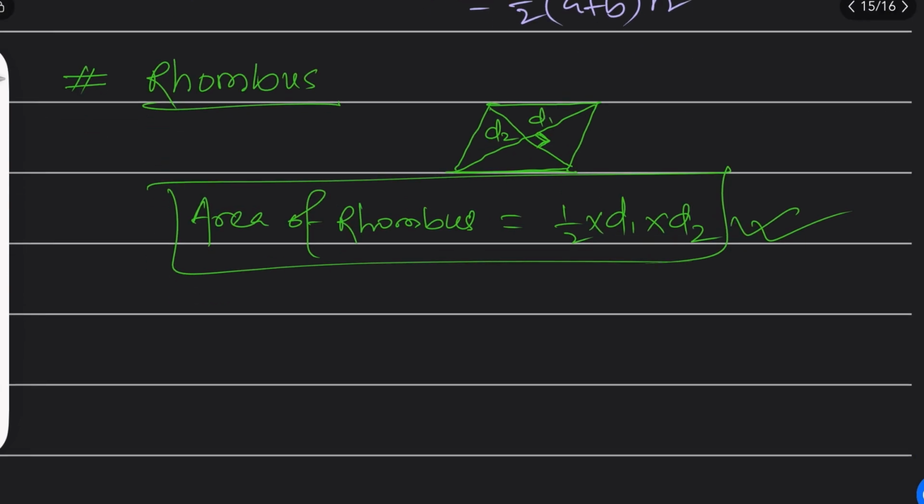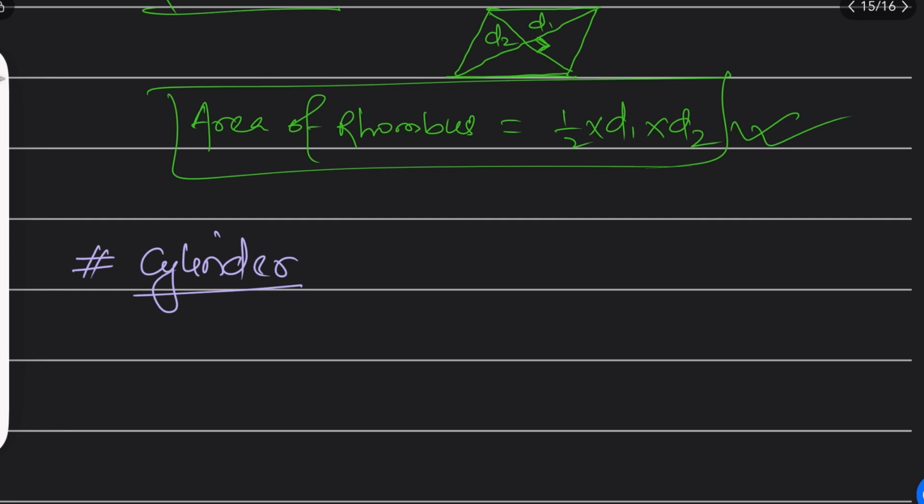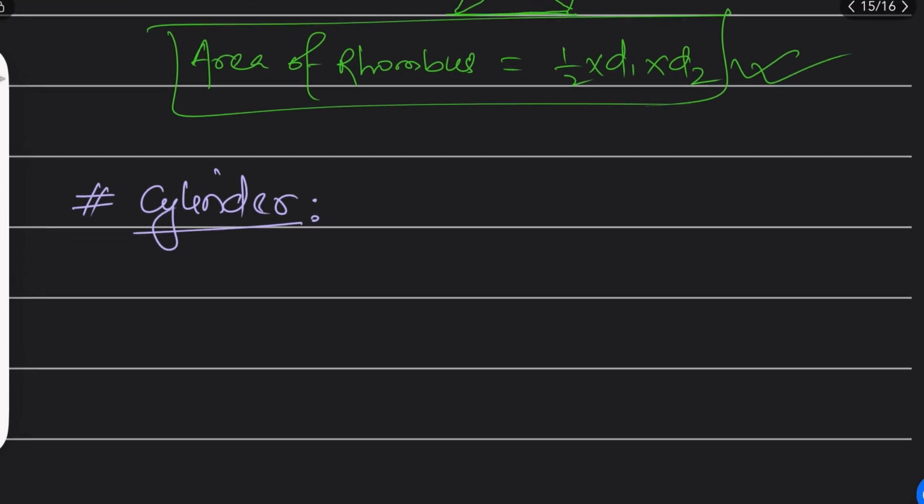Almost all of 2D geometry is done, including the circle. Now let us come to 3D geometry, starting with the cylinder. A cylinder is a shape like this.